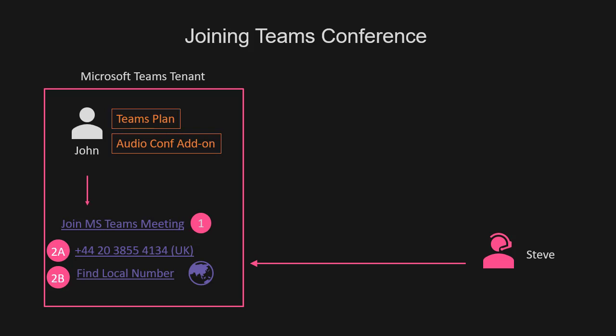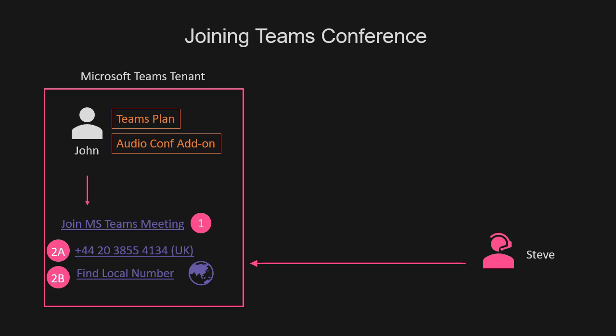He can still click Find a Local Number in the meeting invite and search for a service toll number in Sydney, and if he finds one, he can dial in. Remember that the Find a Local Number link displays the service toll numbers that Microsoft maintains, as we saw previously.